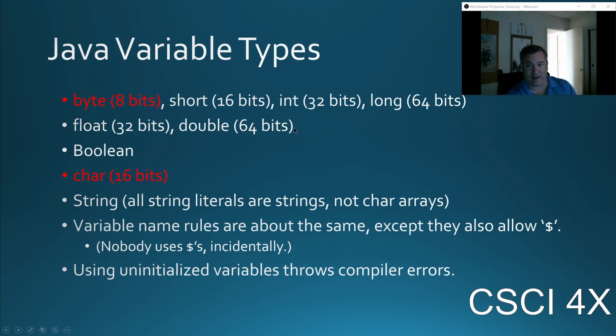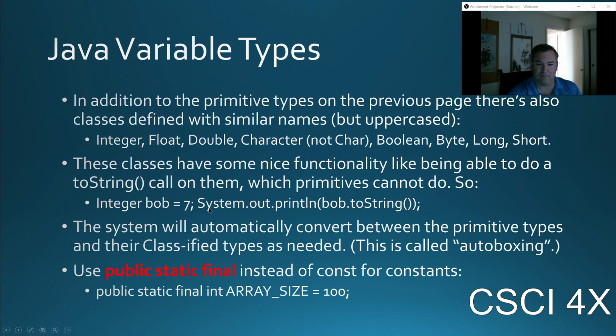You can't call int.toString, because it's an int. It doesn't have any member functions on it. But the Integer class, sure, bob.toString, and it'll convert 7 to "7". So I typically use the capital letter box classes more than the primitives. I don't know.